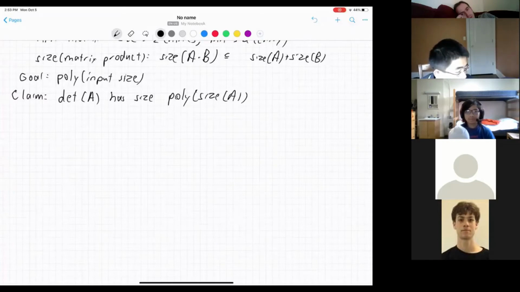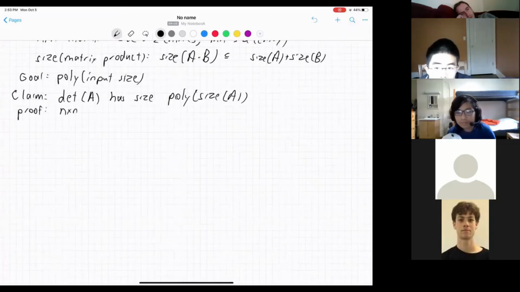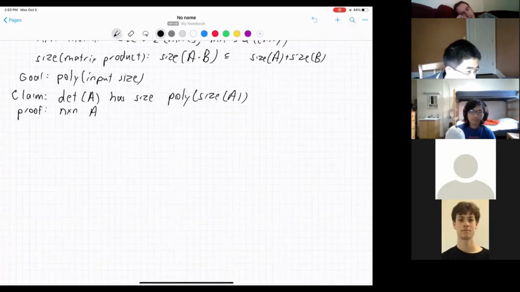But let's prove it. So we have this n by n matrix A. And what we'd like to do is understand the size of the number that can come out of that determinant.